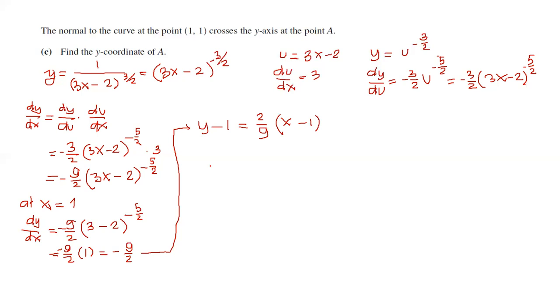So it becomes y equal 2/9 x minus 2/9 plus 1, like this, and it's gonna be y equal 2/9 x plus 7/9.